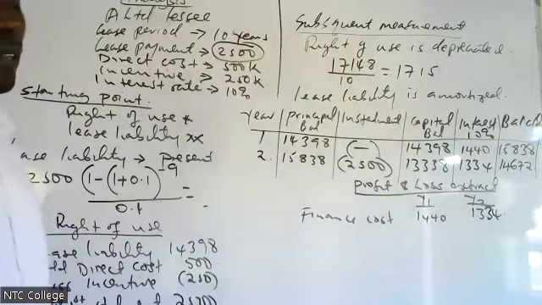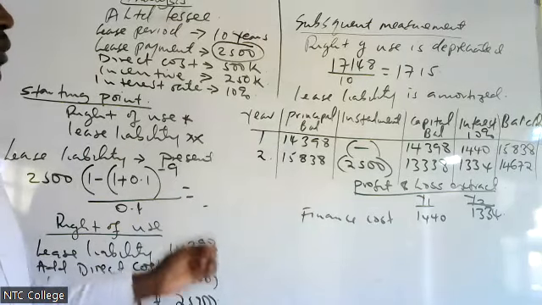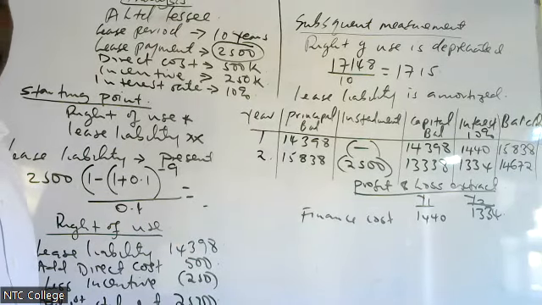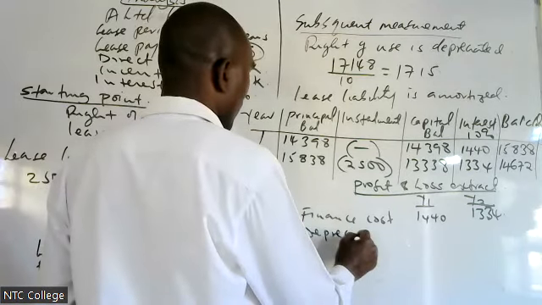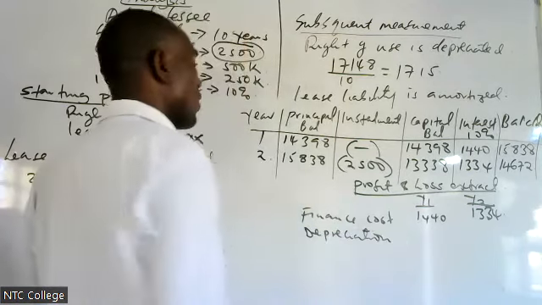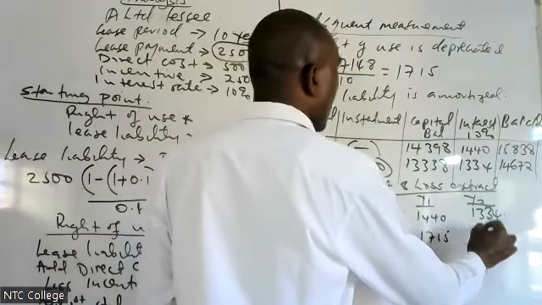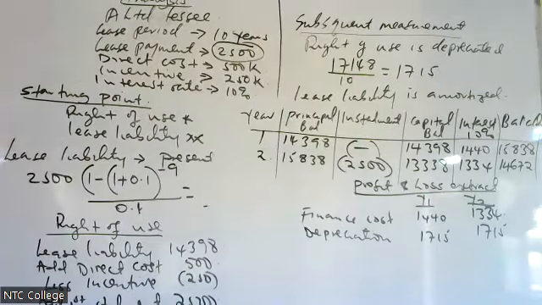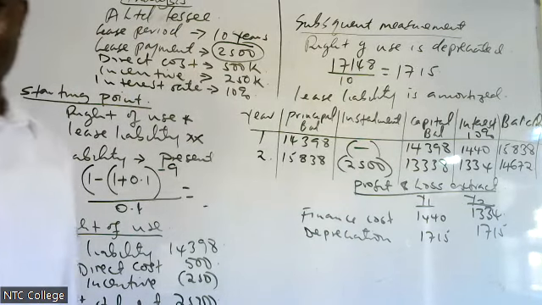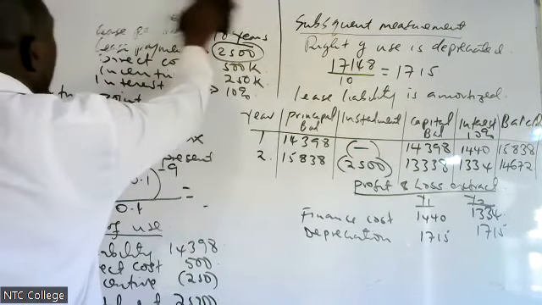Then I come to depreciation. Year 1 depreciation is 1715. Year 2 is 1715. The same because it's straight line basis. Nothing is changing there.